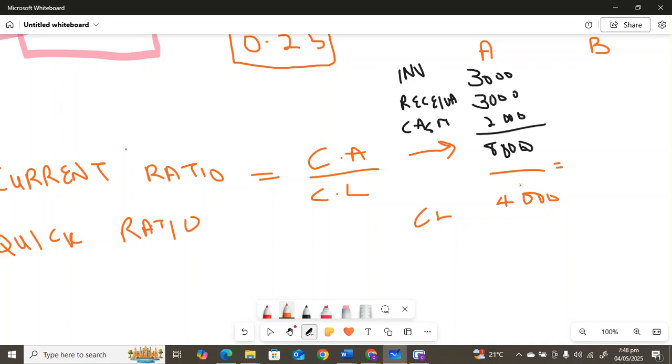So 8,000 divided by 4,000 is going to give us 2. So basically what this is telling us is we can cover our current liabilities with these current assets 2 times, which shows the company is healthy and can take care of all expenses when they fall due.